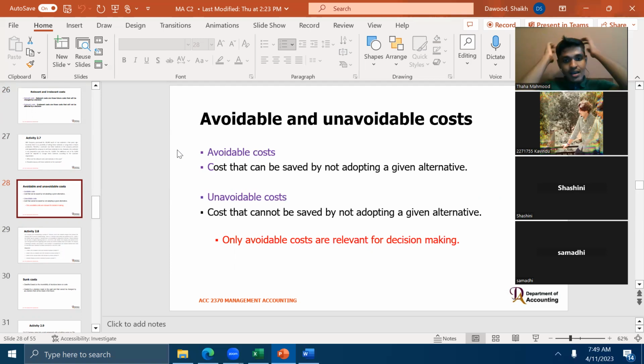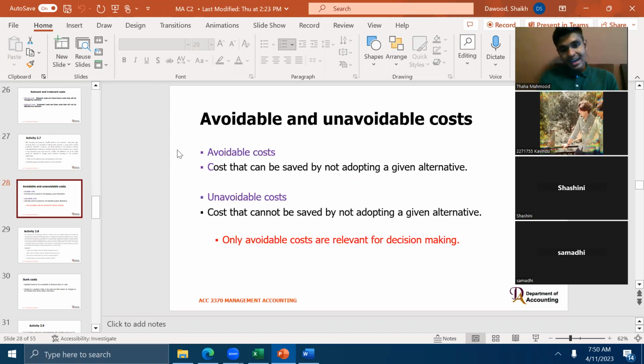If we accept the customer's order, we have to hire a person to come and do the design work for this product. If we don't accept the customer's order, we do not have to hire that person. So those kinds of costs we can say are avoidable. We can avoid them by deciding not to accept the customer's order.